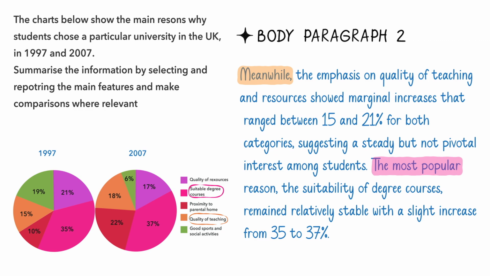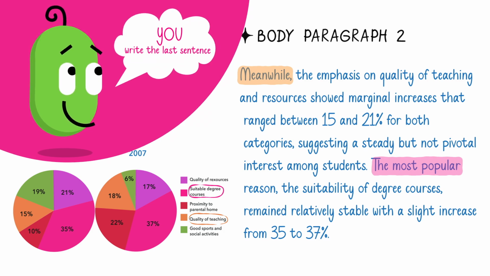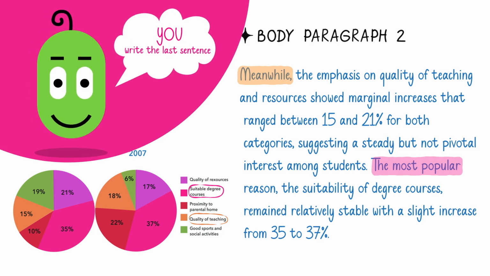I want you to write in the comment section the last sentence, which is about the quality of resources. I want you, dear lovely IELTS candidates, to write the last sentence here in this report, and I want to be sure that you have learned how to analyze data and how to write a report on Task 1.